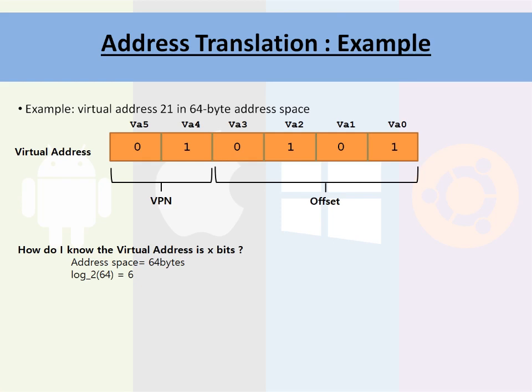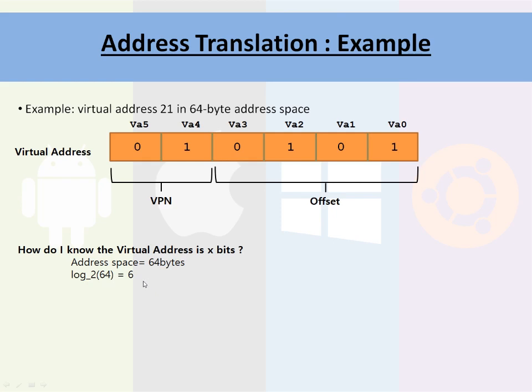If I have 64 different values, what is the smallest binary string that could represent that? Our binary values can only be 0 or 1, so each of those bits only stores one of two values. So all we do is take our address space size, here 64 bytes, and take log base 2 of 64, and that gives us 6.